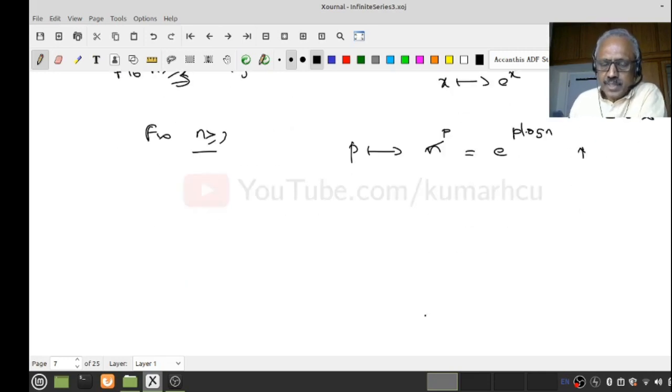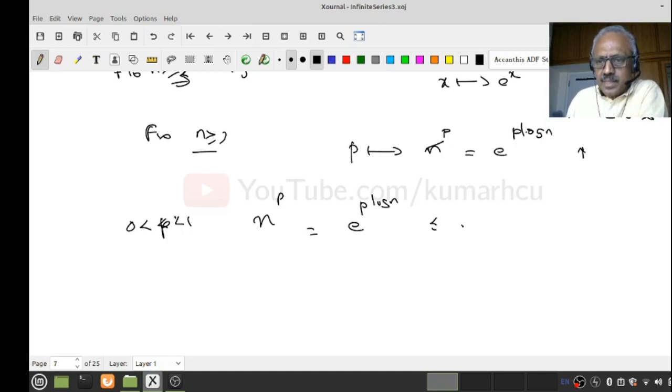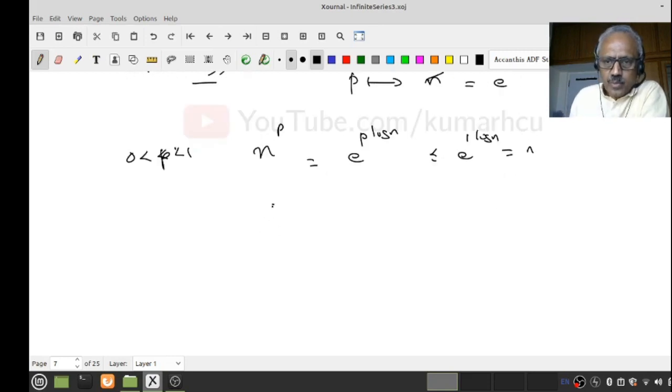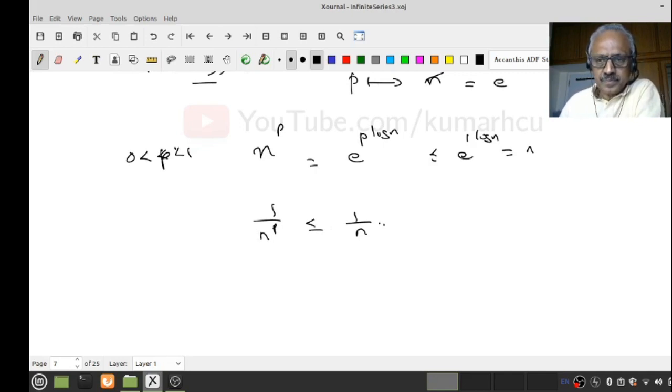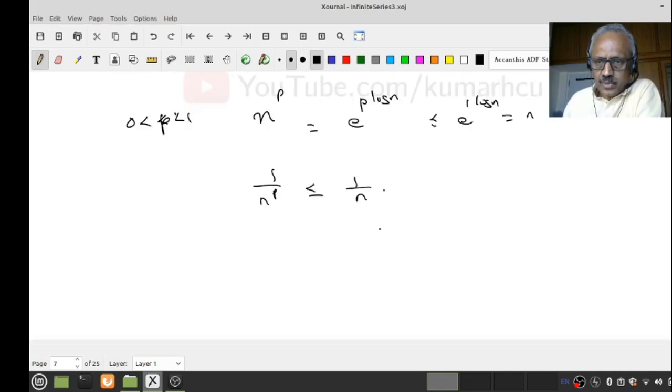Therefore in particular, n to the power p for 0 less than or equal to p less than 1 is e power p log n, which will be less than or equal to e power log n when p equals 1, that is n. Are you following? Therefore 1 upon n to the power p is greater than or equal to 1 upon n.